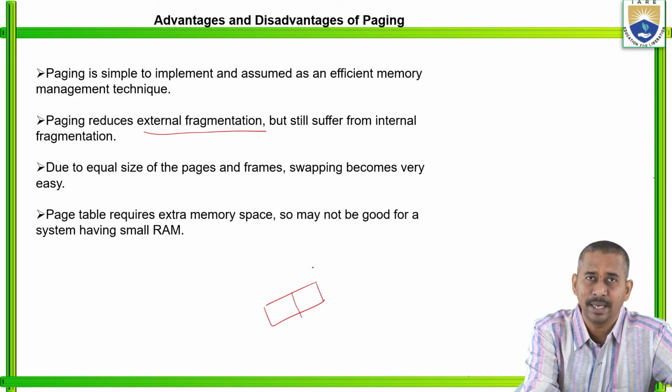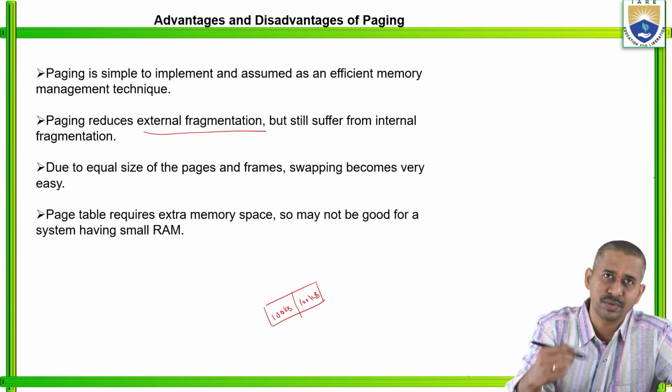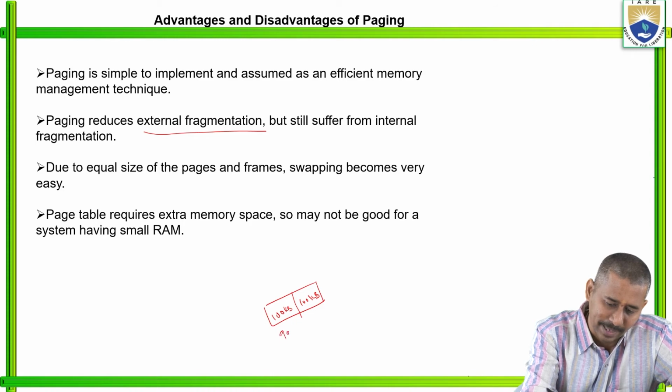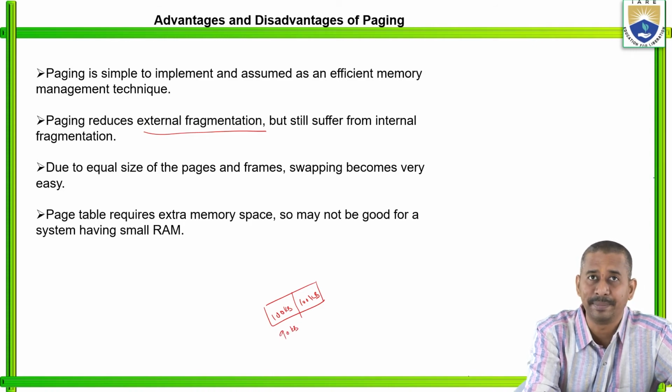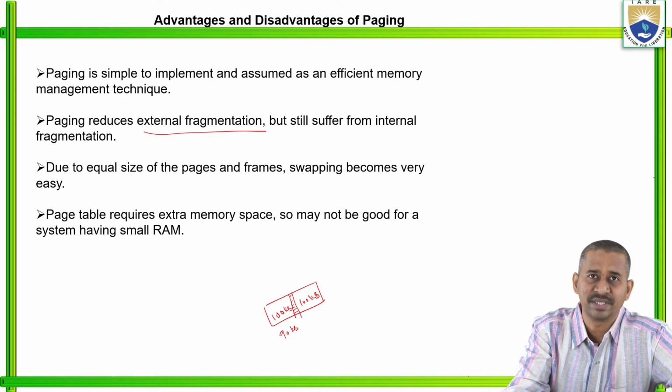Each and every frame consists of 100 KB. Whenever a page wants to execute, for example, if the page capacity is 90 KB, it automatically fits into this frame and executes. But here, 10 KB is wasted.